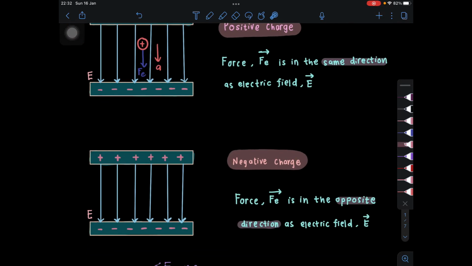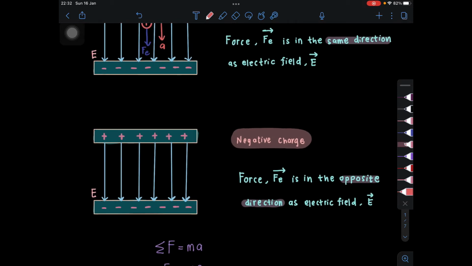When we place a negative charge inside the uniform electric field, it will move towards the positive plate. It will be attracted to the positive plate, Fe here. So the movement will be in the same direction as the force.